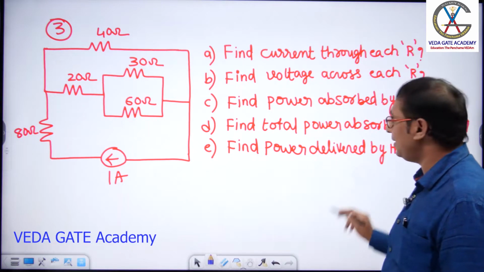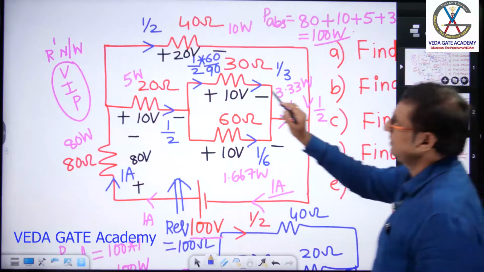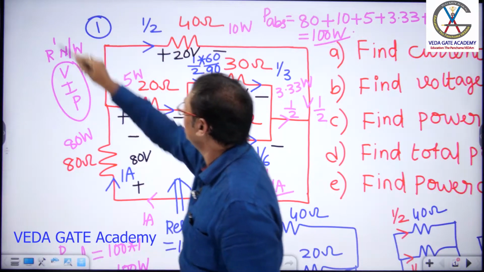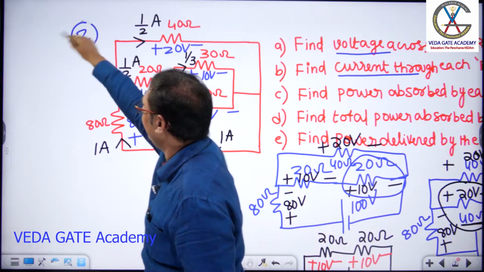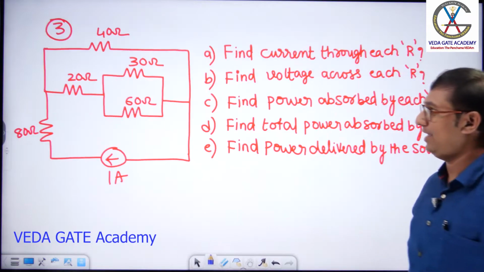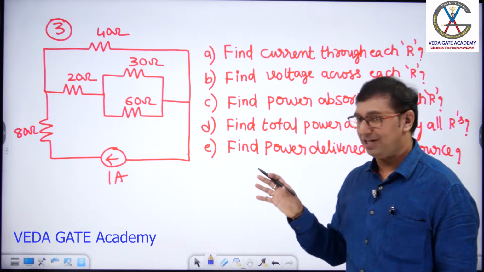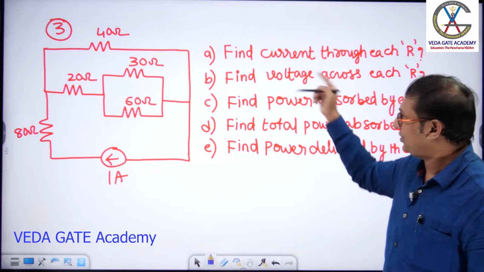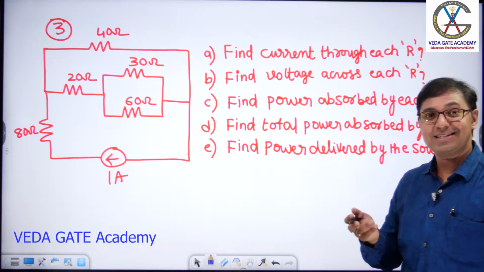What is the similarity between the first question and the third question? I hope I have not given any numbering here. Sir, this is question 1. This is question 2. Now we are in question 3. Yes. What is the difference between the first question and the third question? Structure is the same. Questions are the same. Source is different.